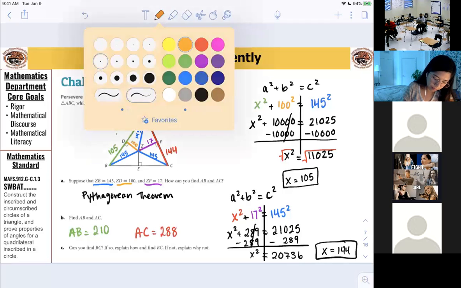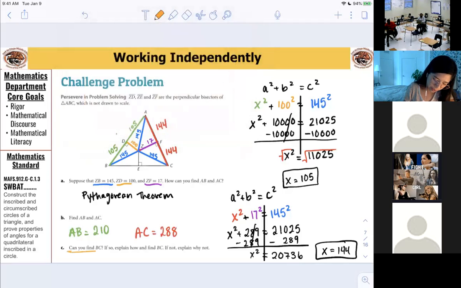All right, last part of this. Is it possible to find BC? Is that possible? What would I need to plug into my Pythagorean theorem? Wait, E is 90 degrees.